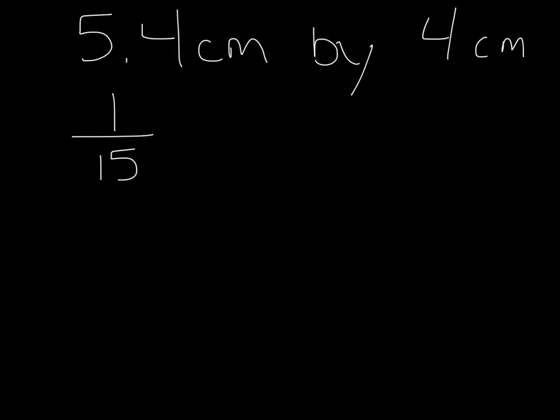When you see them write 5.4 by 4 centimeters, what this means is that the length of the painting is 5.4 centimeters, and the height of the painting is that 4 centimeters.